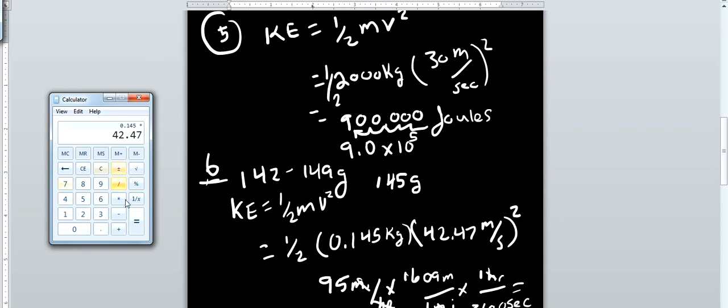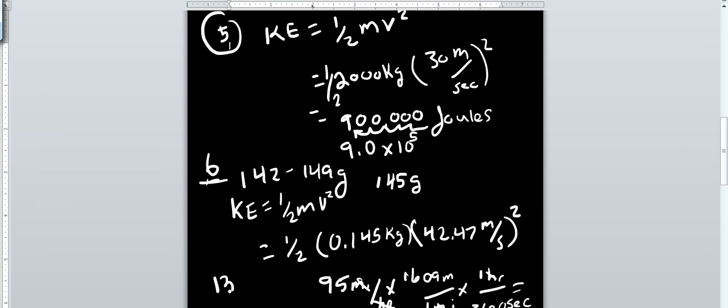I'm going to be running out of time in a minute, but you perform this: 42.47, square it, multiply it by 0.145, divide by 2, and you should get an answer of 130.8 joules. That's the homework.